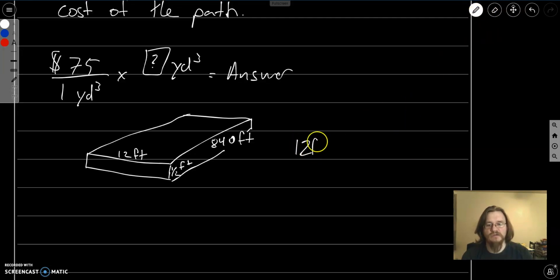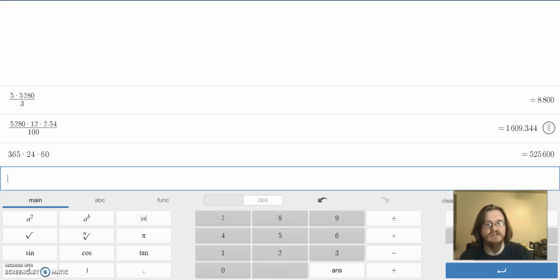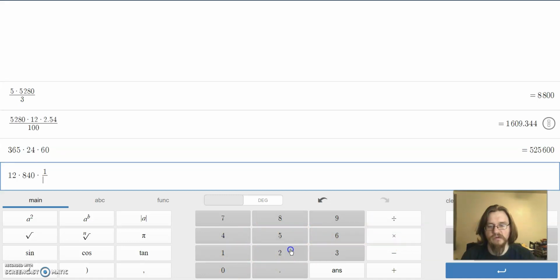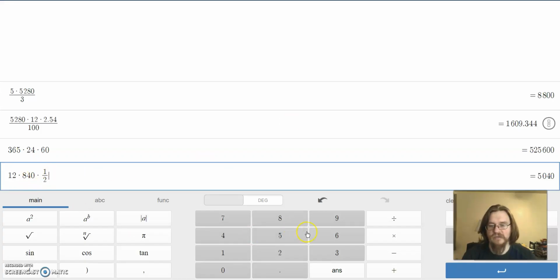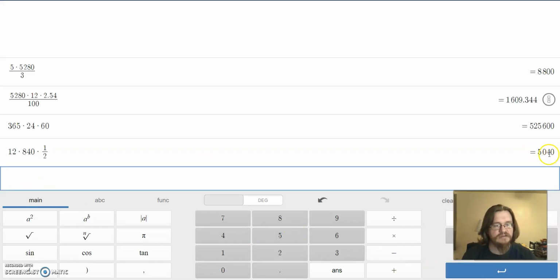If I take 12 feet times 840 feet times 1/2 a foot, let's come over to decimals, and I'll take 12 times 840 times 1 divided by 2, and everything makes sense. These were the numbers: 12, 840, and 1/2. And this is 5,040.